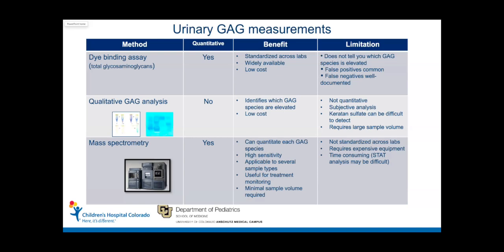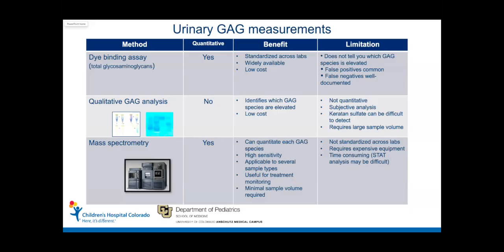So from here on out, we're going to talk about mass spectrometry. If you're going to do these measurements, I really encourage any physicians, families, to use a technique that uses mass spectrometry. You can use dye binding, you can use the qualitative assays, but mass spectrometry is much more widely available now, and it's generally just a better test. So from here on out, everything I'm going to talk about are mass spectrometry-based methods.